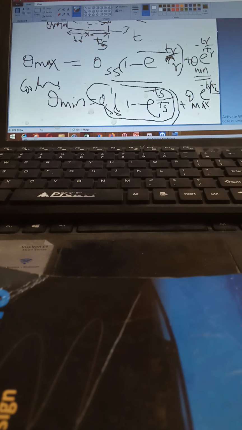Got it? And this term can be neglected compared to theta max because theta SS dash is cooling and reaching even below theta minimum, whereas theta max is very high and it exists for a very short duration of time. So this term can be neglected.